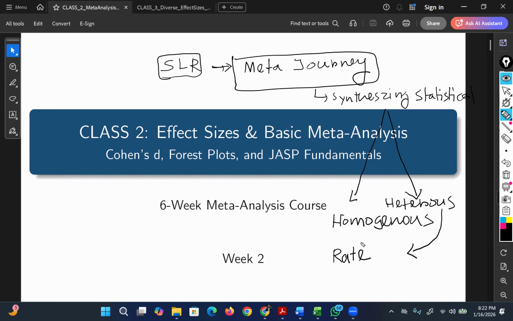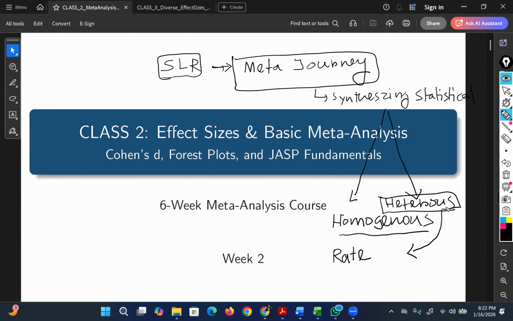Let's say you are studying in India, Pakistan or Bangladesh, but someone studies in the European Union or America and has published an article based on their findings. We would like to see whether their findings and my findings, from different sample sizes, are aligned, meaning homogeneous, or heterogeneous in nature.